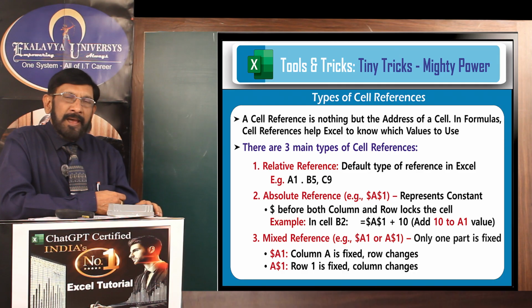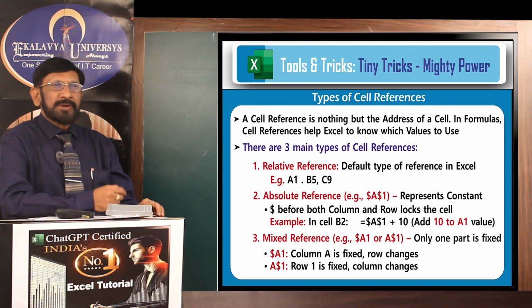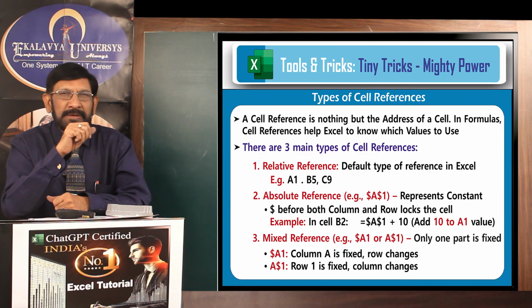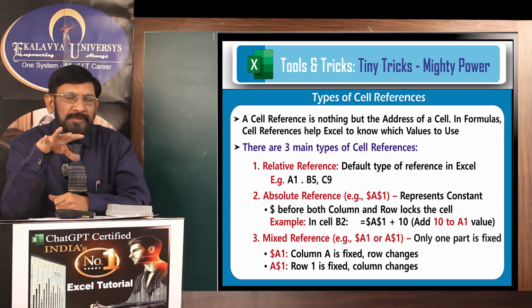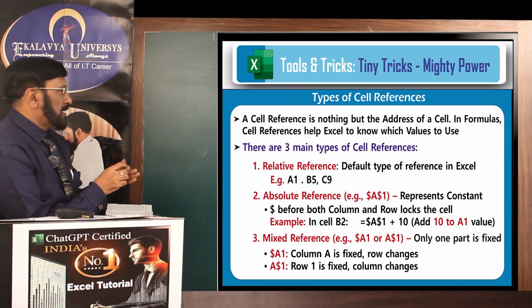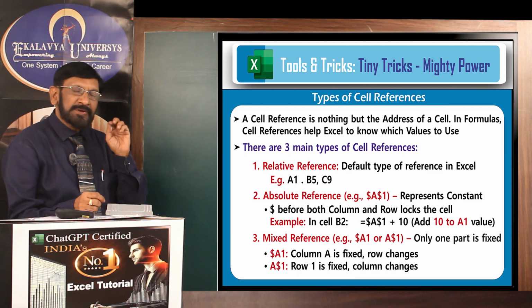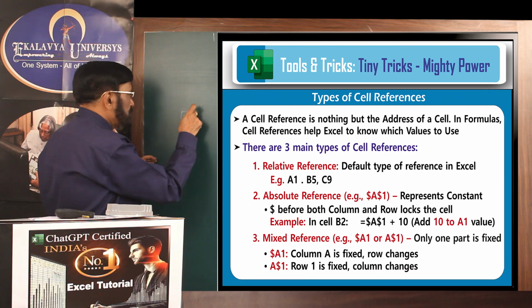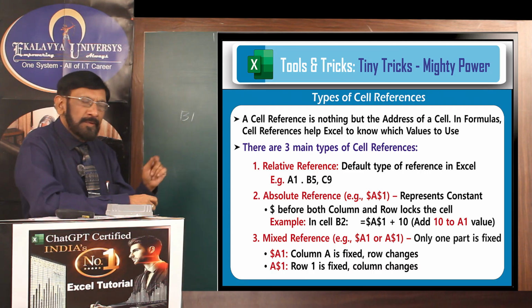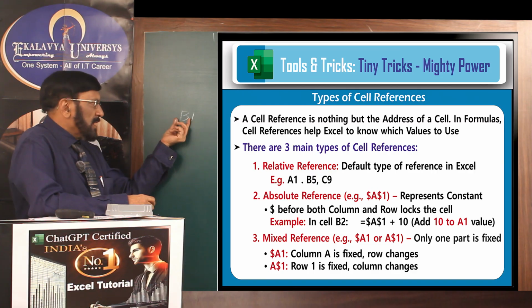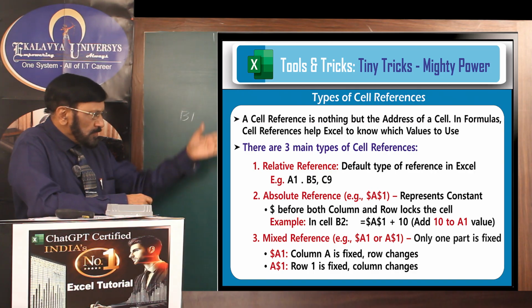The second one is the absolute reference. Absolute reference means sometimes we have to use a constant, a fixed value, and then we have to lock it. For locking, a special symbol is there. Suppose you want to lock B1. In B1, you write a certain value and you want to make it a constant, which means the constant value should be applicable throughout.